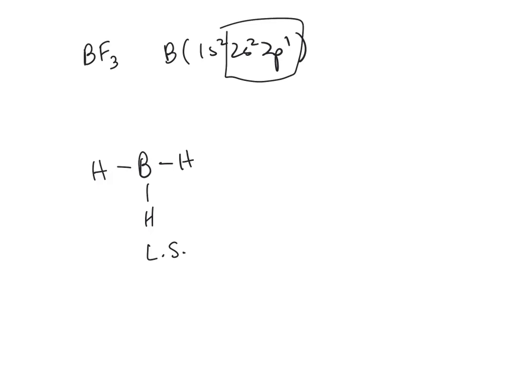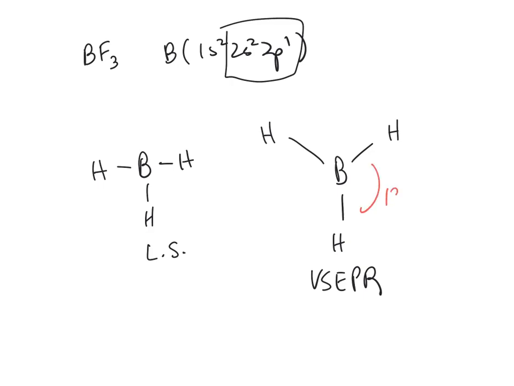Your VSEPR structure says, okay, how many groups of electrons do I have? And the answer is 3. What's the geometry that's going to make them as far apart as possible? So that bond angle is 120 degrees, and the name of the shape is planar triangular.